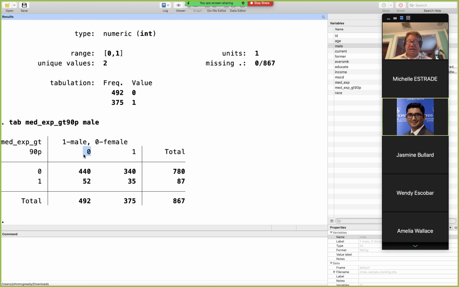But if I wanted to represent the proportion of males and the proportion of females who had high expenditures and not do the math by hand, not take 52 out of 492, for example, to figure out the percentage of females, what could I just add to this command, what option, to get that percentage? Anybody remember?